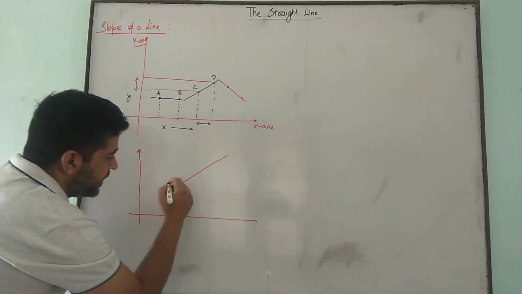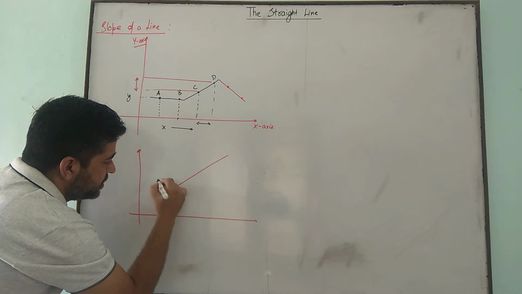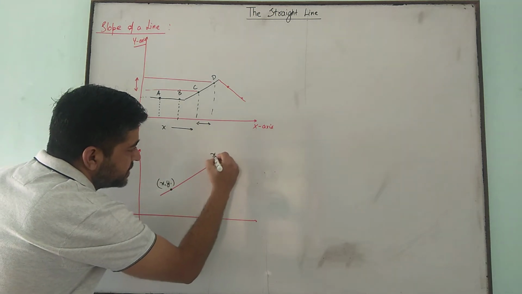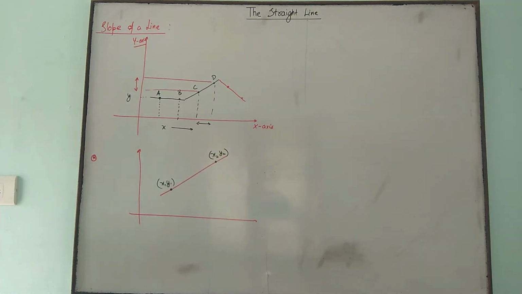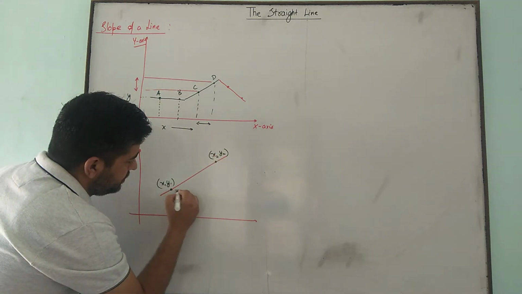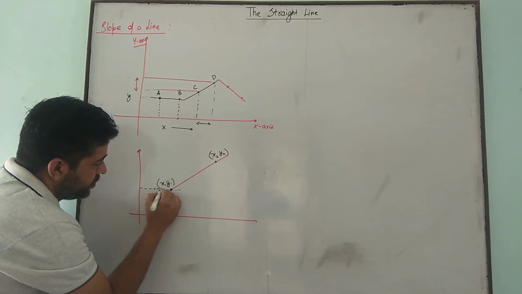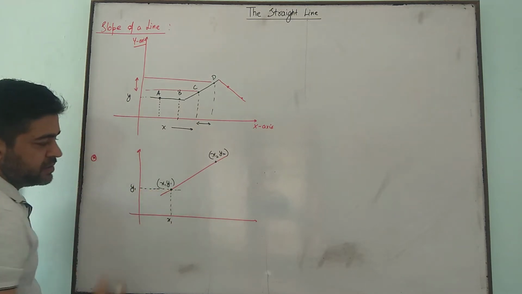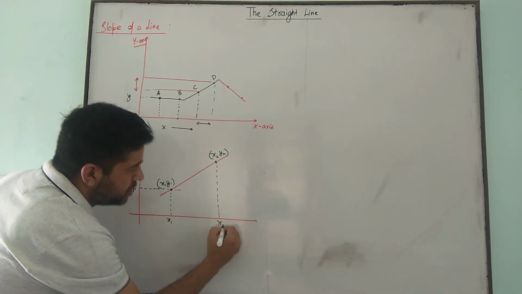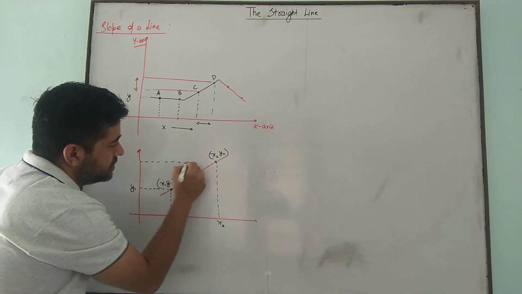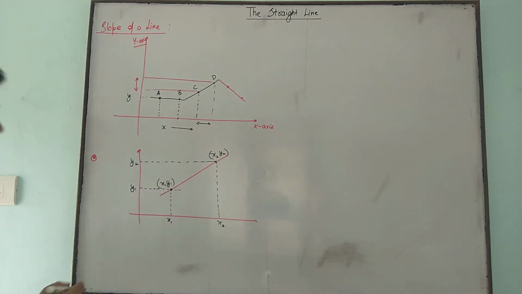see, if this is the line, we are here at point x1 y1, then after some time x2 y2. This is point x1, this is point y1, point x2, and this is point y2, right?